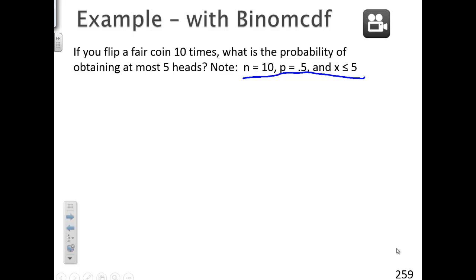And then again back to the at most 5 heads. So 5 is the largest it can be, so we need all the probability values before 5 including 5. Add those all up and we'll get the probability of at most 5 heads.